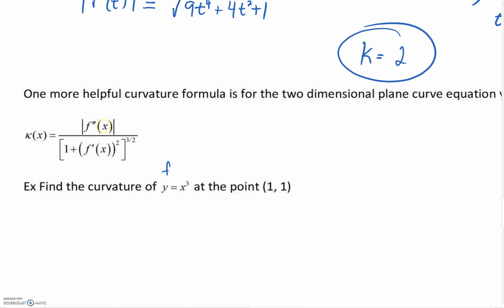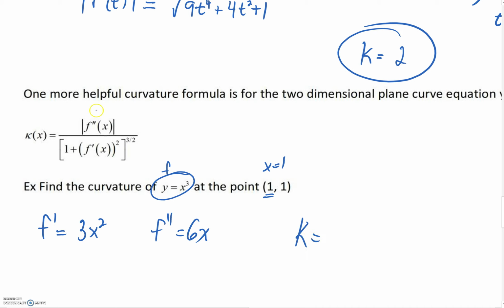You can see I don't have time to prove this one either, but it's the absolute value of the second derivative all over 1 plus f prime of x squared, but take that quantity and raise it to the 3/2. So real quickly, we're going to be doing this at the point 1, 1. That's x equals 1. So f prime is going to be 3x squared, if we've got y equals x cubed. F double prime is going to be 6x.